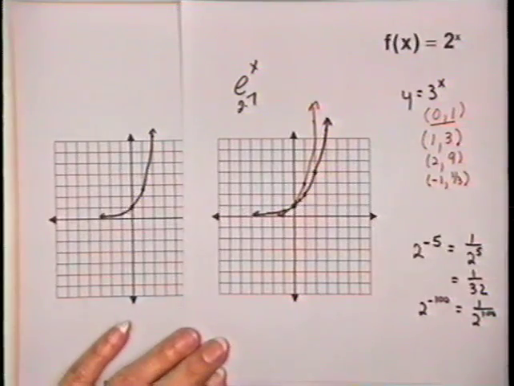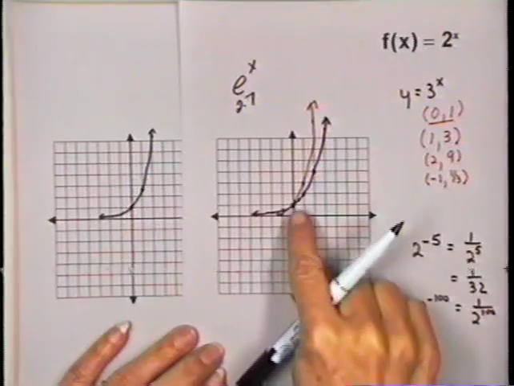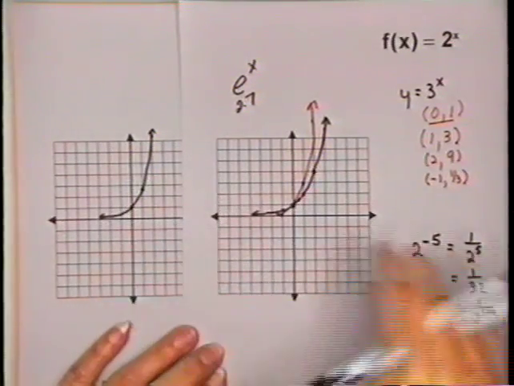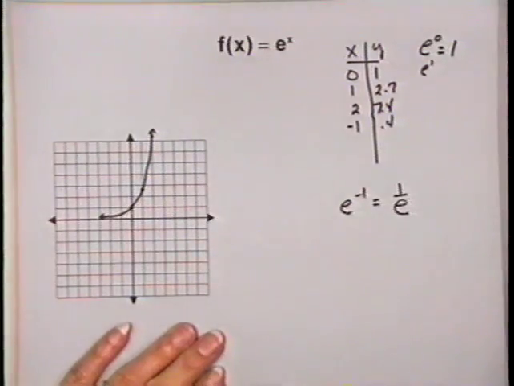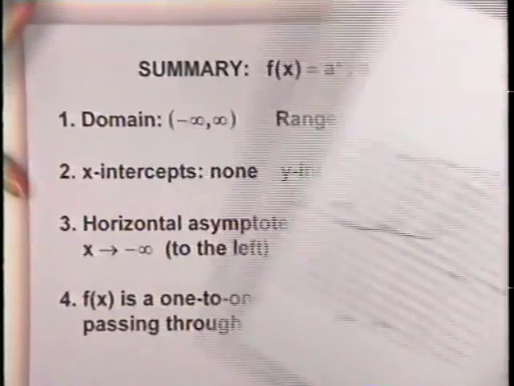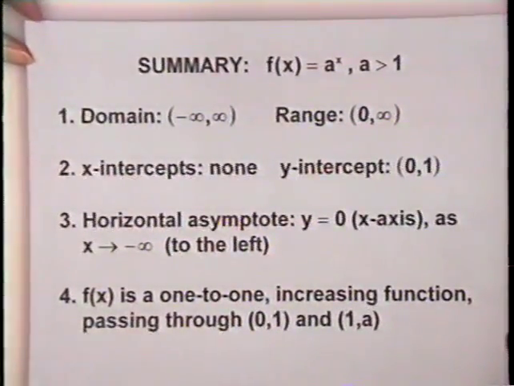Okay, now we've done sort of 3 different graphs here and learned that they kind of all have certain things in common. This 0, 1 point for one, rising here, and asymptote over here to the left. So what I want us to do is to look at a summary of what we've learned about these exponential functions.